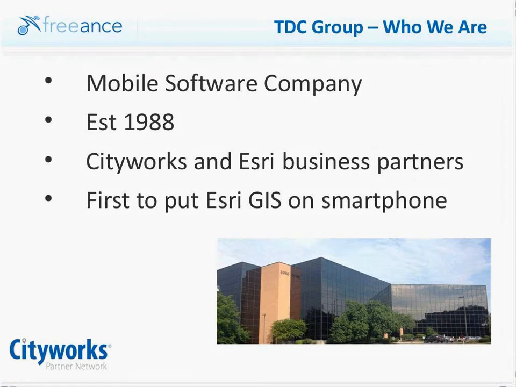We were the first people to put ESRI, ArcGIS, ArcIMS on a smartphone way back in 2005, a black and white BlackBerry. We are ESRI and Cityworks business partners. So what that means is we get all the latest releases before they come out to market. We've had Cityworks 2014 for months, developing on that. A lot of good new APIs there.